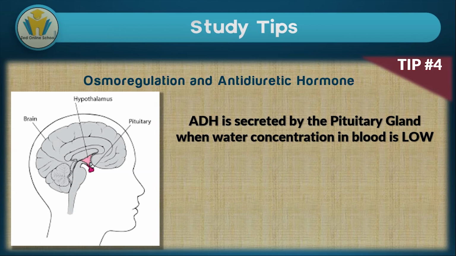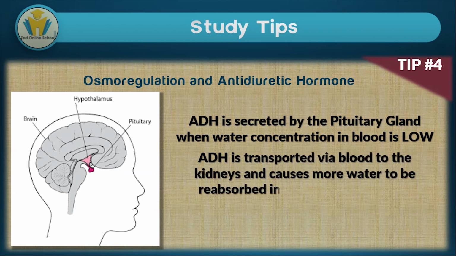What happens is that the pituitary gland will secrete this hormone called antidiuretic hormone. You should also note that this hormone may also be referred to as vasopressin, so when that term is used, don't get confused. The ADH will later be transported via blood to the kidneys, where it will affect the reabsorption in the loop of Henle.